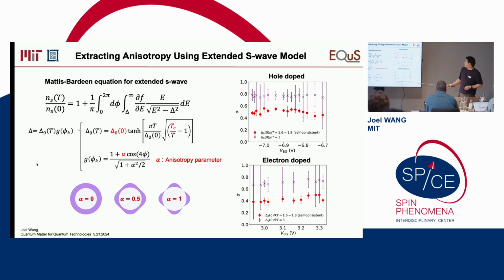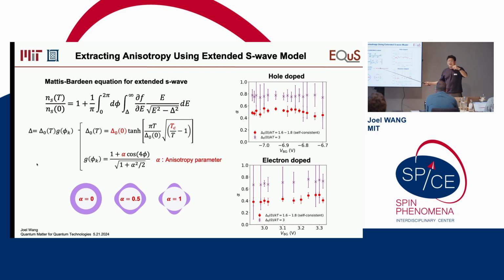Okay. So we are curious: we know that it's an unconventional superconductor, it's non-isotropic, but how anisotropic it is, this is something we are curious about. To test that, we put it into a more generalized or extended S-wave model, which takes into account the anisotropy and isotropy that's captured by this parameter here.